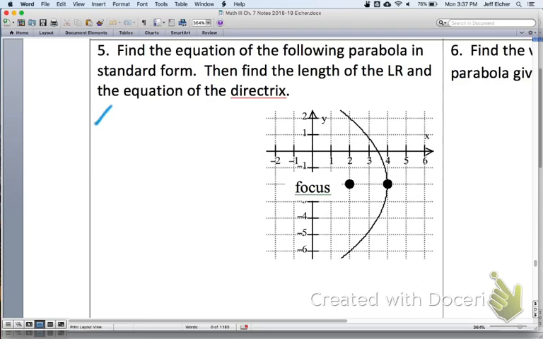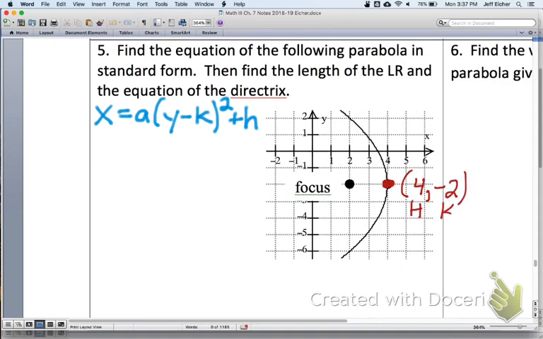So since it's opening to the left, we have x equals a(y minus k) squared plus h. So really tricky here, so I'm going to label. So here's our vertex. Our vertex is (4, -2). 4 is the h, negative 2 is the k.